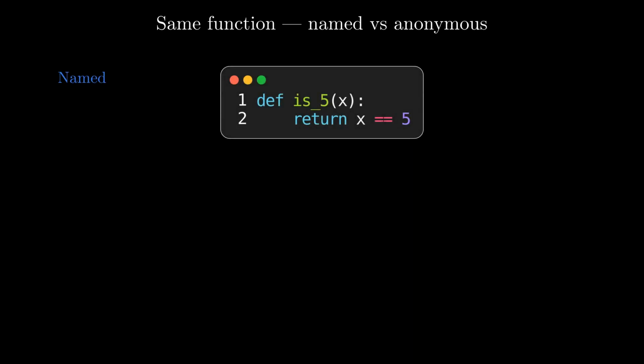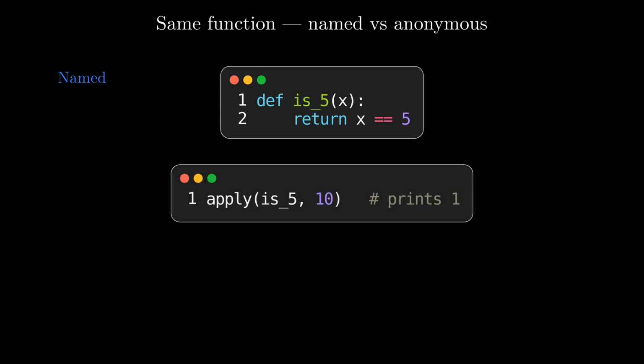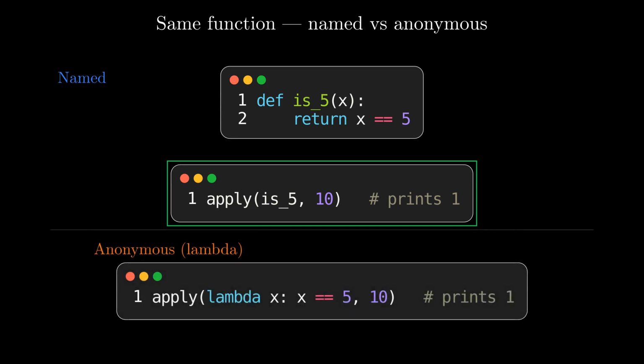Let's put this to work. Last time we also defined a simple named function, is5, which returns whether its input is equal to 5. Running apply with is5 and the integer 10 prints 1, because among the integers it checks, only one of them, 5, makes is5 return true. Now rewrite is5 as a lambda: lambda x: x == 5.